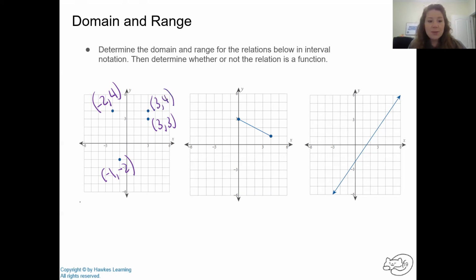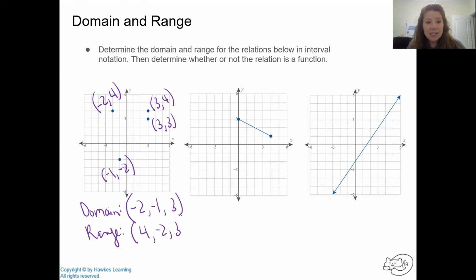All right, so for the domain, all we want are the x values. So what are the x values? They're -2, -1, and 3. What are the range values? The range values are 4, -2, 3, and we've already listed 4, didn't we? So we don't have to repeat that. So those are our domain and range.